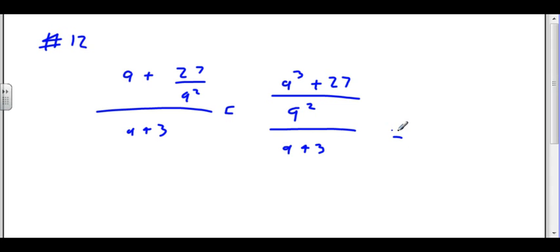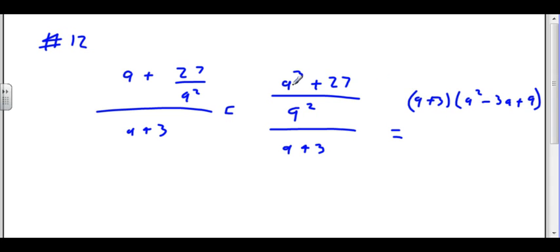Okay, I'm going to have a plus 3 times a squared plus 3a plus 9. And we know that's a minus sign, right? And we wrote it wrong, so that's a minus sign.